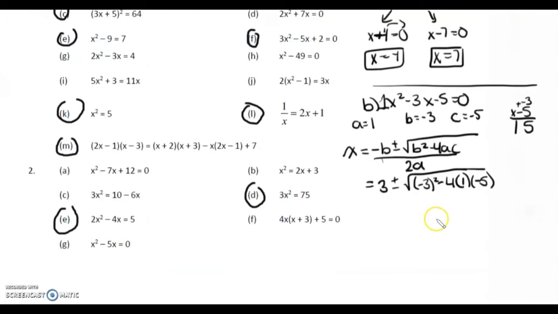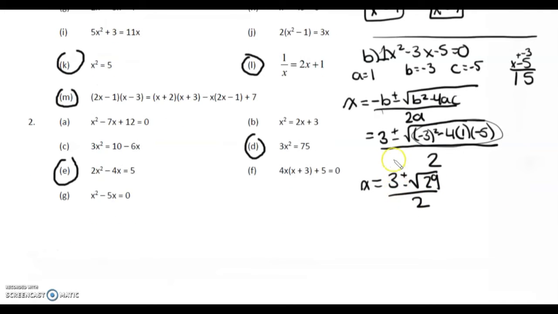And then that's all over 2a. a is 1, so that's just all over 2. All of this you should be able to put into your calculator in one shot. So we have x equals 3 plus minus root 29, over 2. This plus minus option gives us two answers.